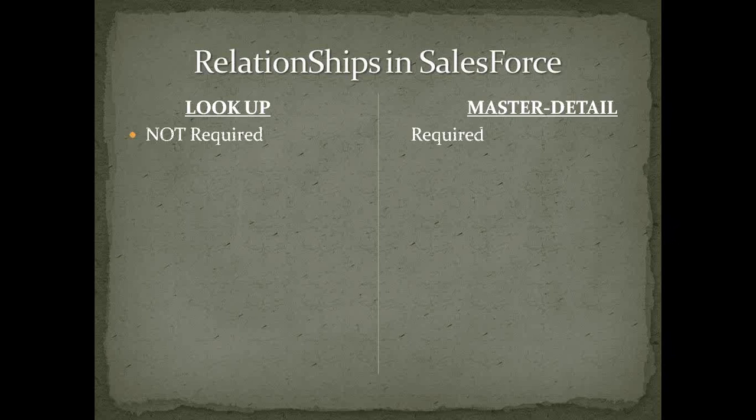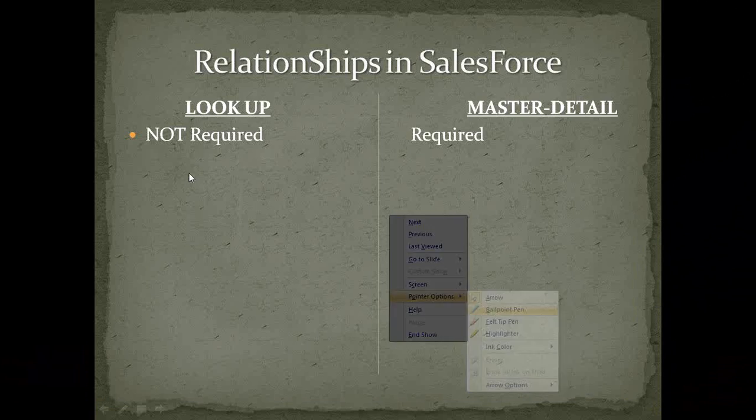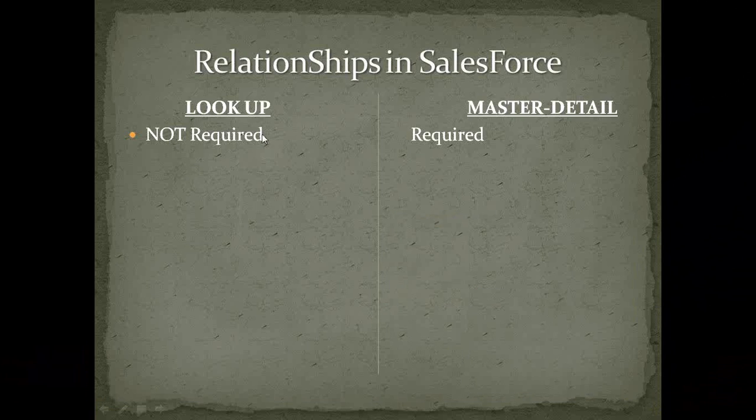When you feel that on a child object the entry of parent information is not a mandatory thing, then you can go for a lookup relationship. But when you feel it should be mandatory to select a parent field value on a child object.